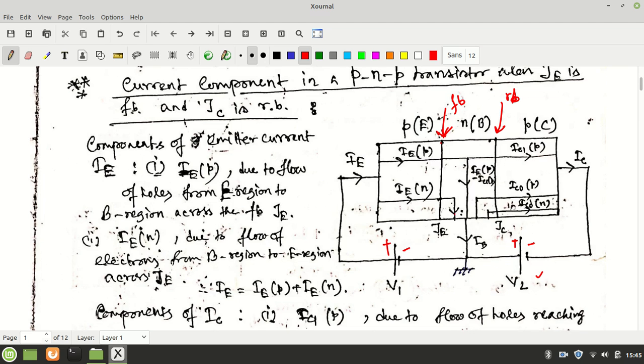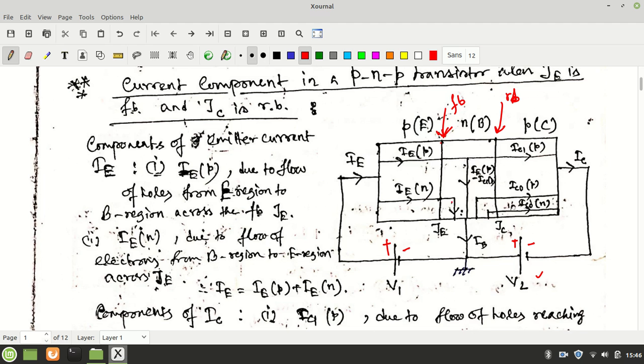Now, the emitter is P type and it is connected with the positive terminal of the battery V1, so the majority holes are pushed to cross the junction and enter the base area. That constitutes a current IEP, P for positive.